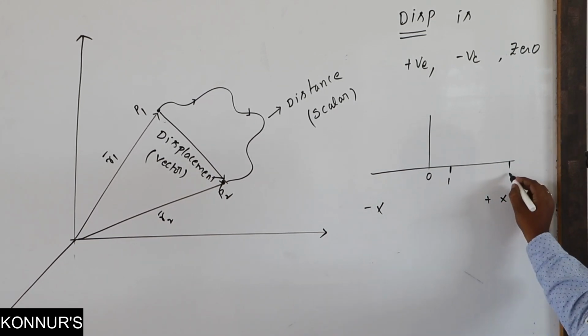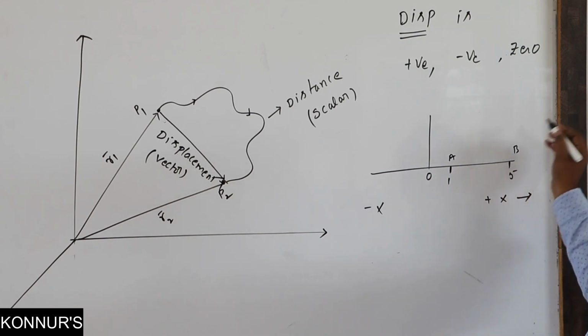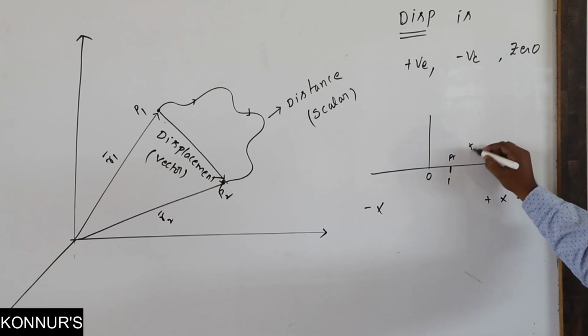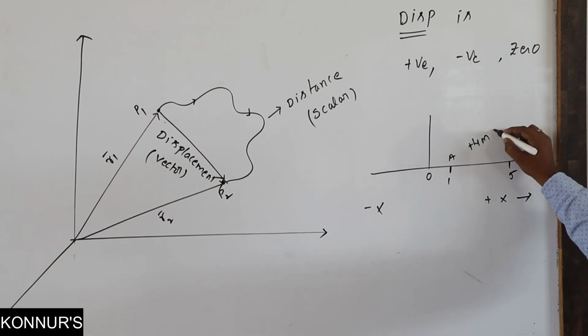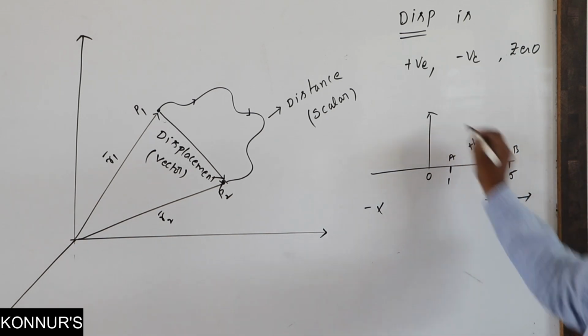So from the initial point A to the final point B it is plus 4 meters along the positive x-axis. So this is a positive displacement.